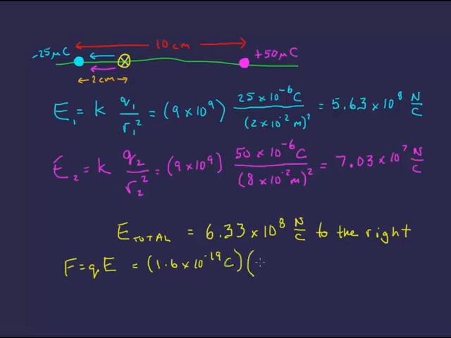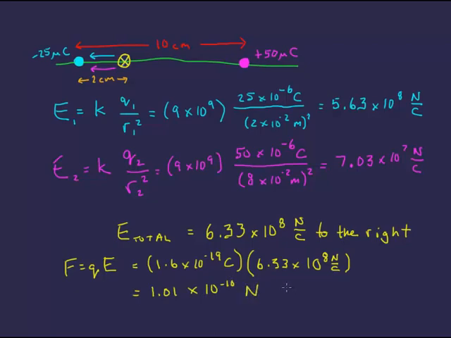The E field strength we just found was 6.33 times 10 to the 8 newtons per coulomb, and my force is going to come out to 1.01 times 10 to the negative 10 newtons.